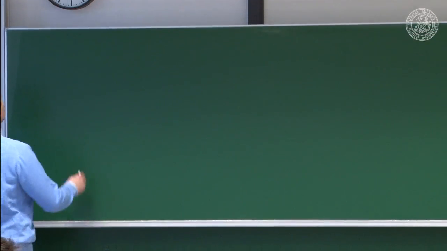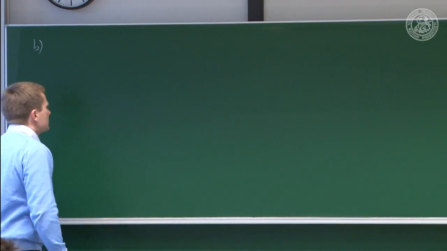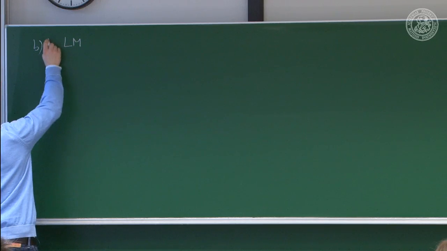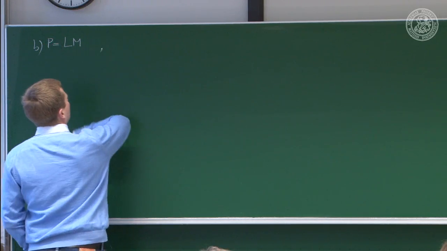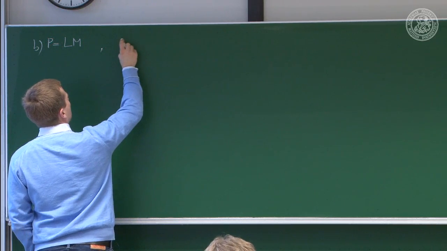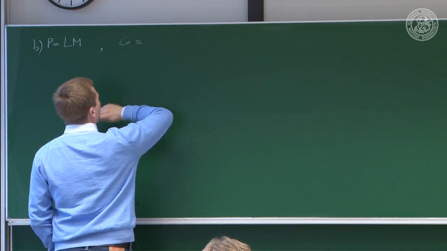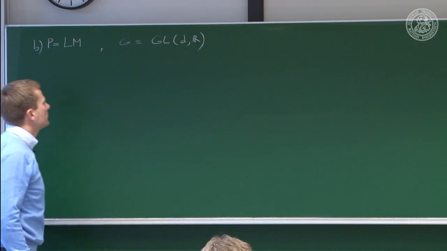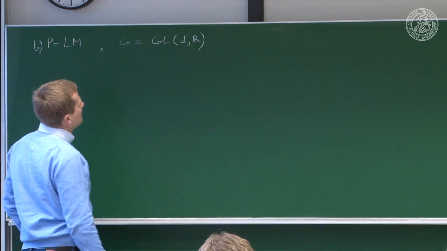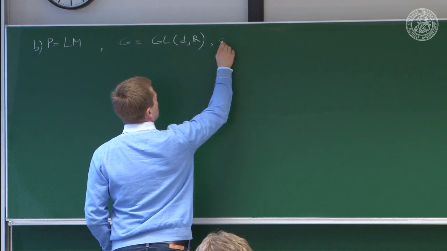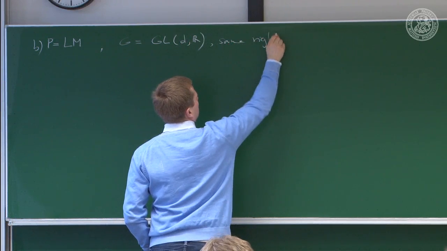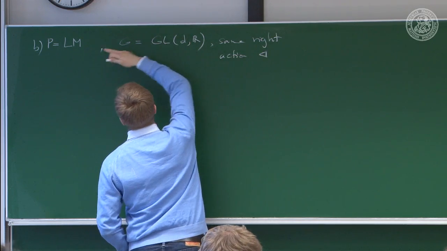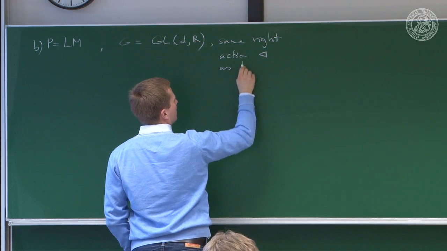So the second example I'd like to look at is a straightforward extension of this. We again consider the frame bundle of some smooth manifold M as the principal bundle. We again take the group of this principal bundle as GLD, R, and we still have the right action of this GL on the LM as before.